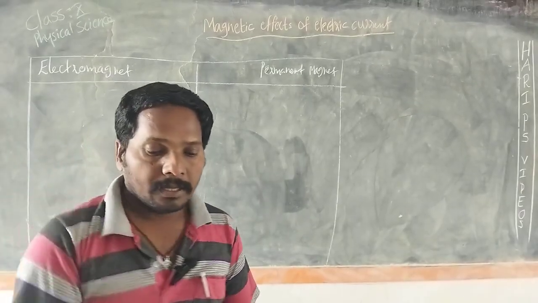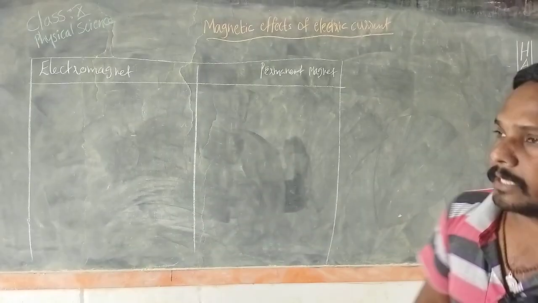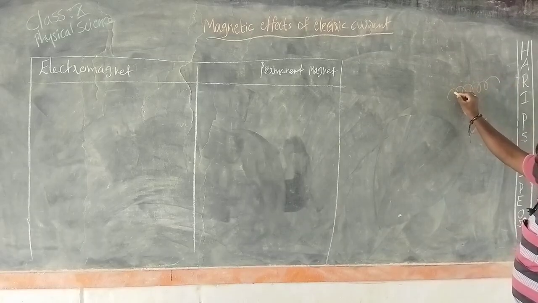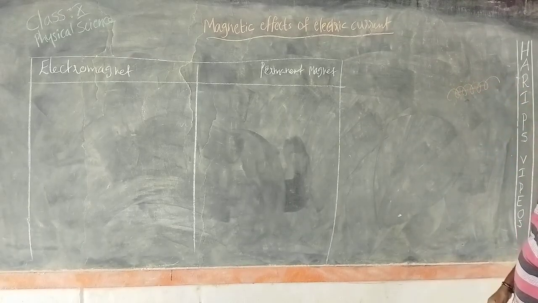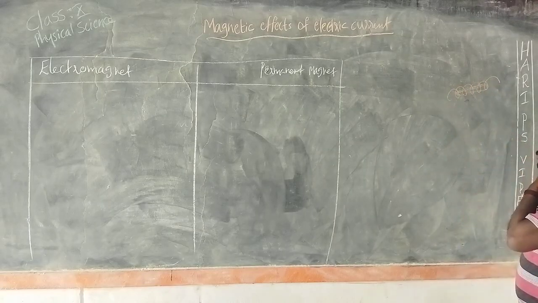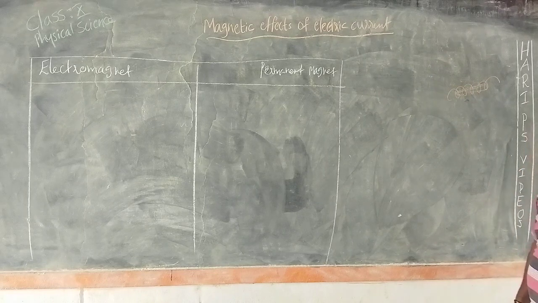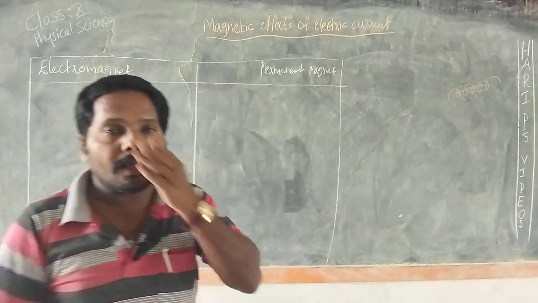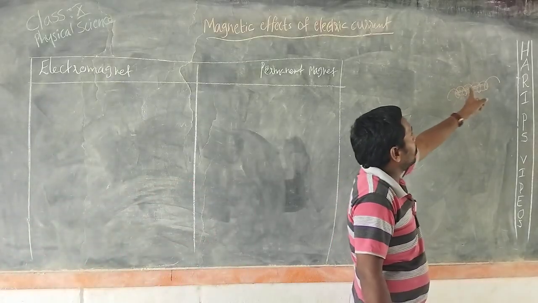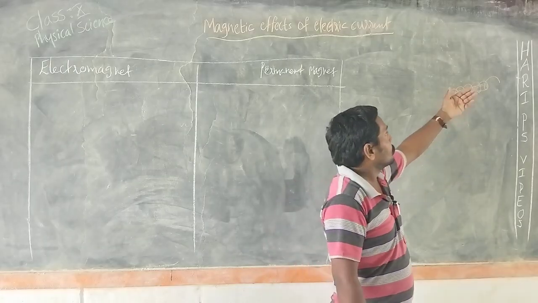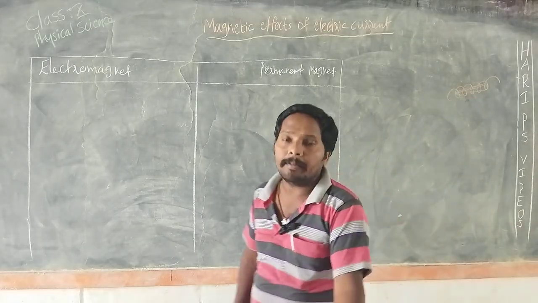When soft iron is placed in the solenoid, the magnetic field produced by the solenoid makes the soft iron act as a magnet.